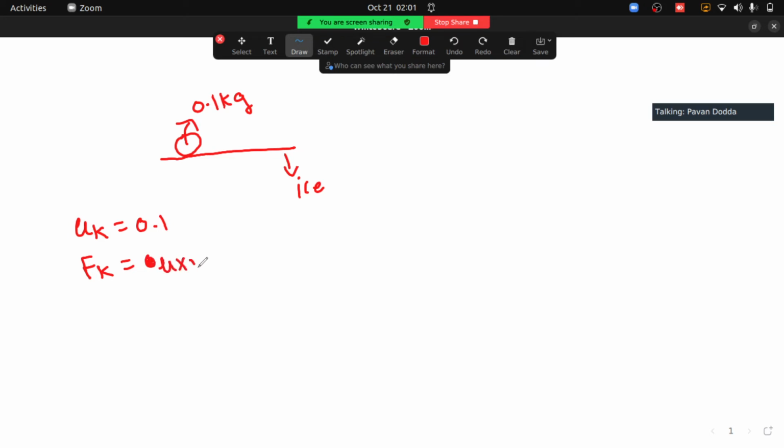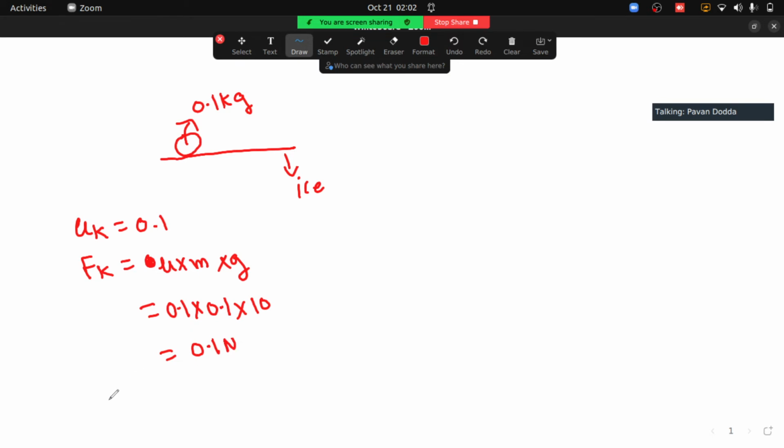This is a very important formula. So we multiply 0.1 times the mass, 0.1, times 10, and it turns out to be 0.1 Newton force.